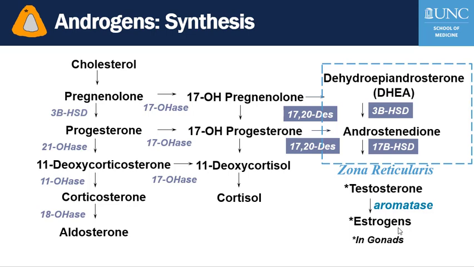So testosterone and estrogens are listed below the adrenal androgens as a reminder that there are other types of androgens in the body. Testosterone is primarily produced by testes, and the estrogens are mainly produced by ovaries. And testosterone can also be converted to estrogens by the aromatase enzyme in several tissues throughout the body.